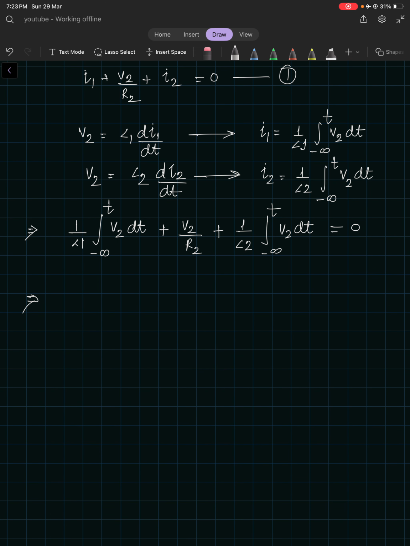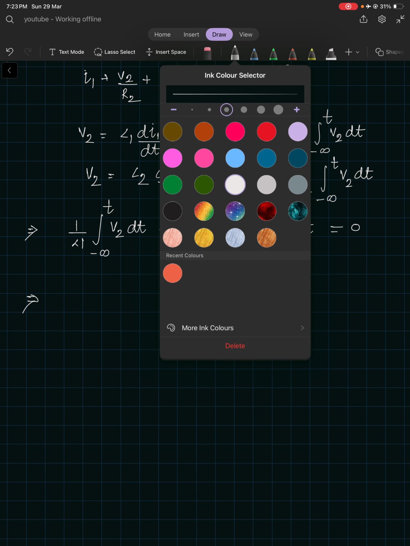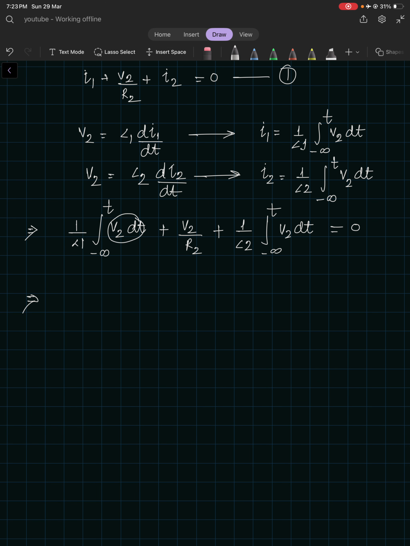Okay, so now we have got this equation, and everywhere there is V2, right? So only one variable is left, so we can solve this for V2. This will give the solution for V2. So instead of solving the integration, let's differentiate the equation.